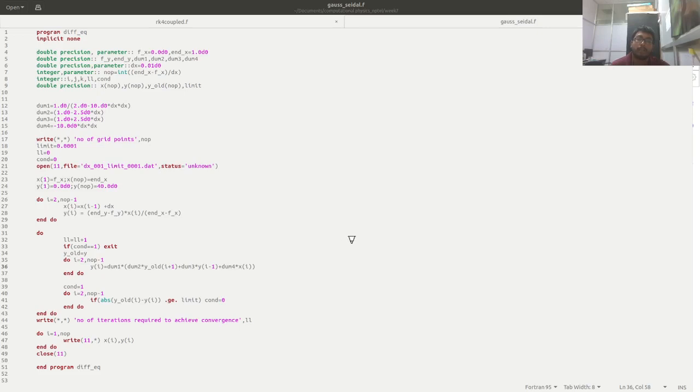Okay, so in this way you are going to find out those equations, or those values of dum and dum3, dum4, those things. So you see, in that case you are going to get these equations.